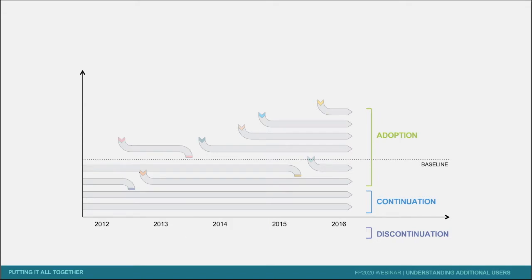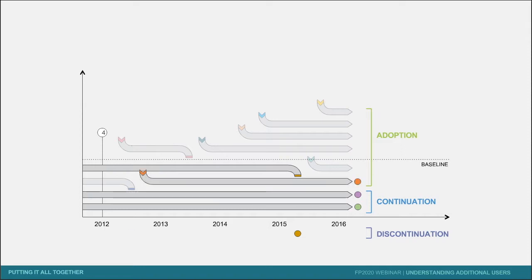Now let's count the total number of users at different points in time. In 2012, there are just 4 users of contraception. And between 2012 and 2013, the blue individual discontinues, so we're down to 3, but it's replaced by an orange individual, and also a pink individual adopts.